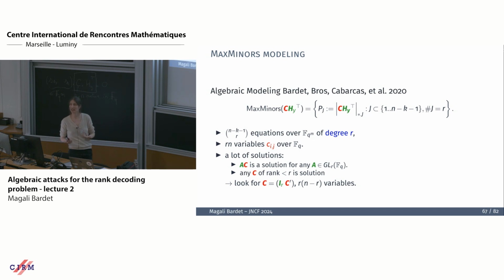It's not always the case, but you have a random vector, you can compute the probability that it is the case, and you will try several times, but with few tries, you will find R coordinates that are independent. And so if you know the first R coordinates are independent, then you multiply by an invertible matrix, and you can assume that you look for one C that has the identity here.